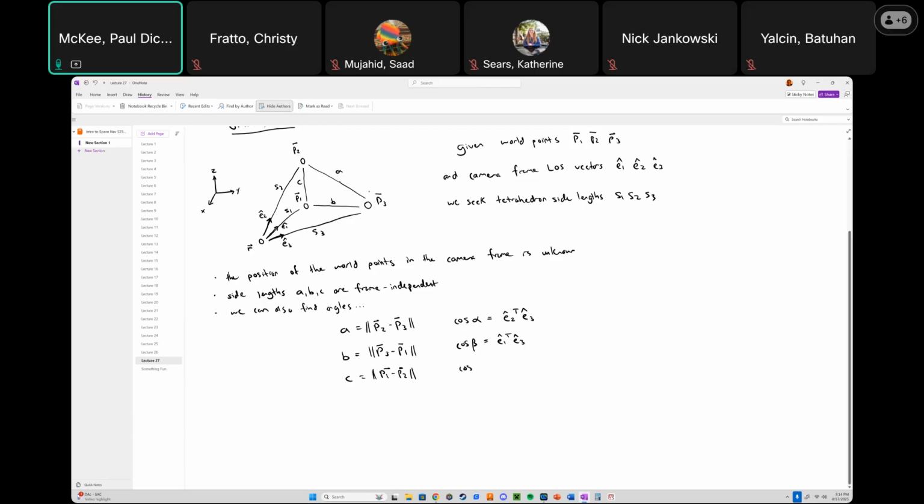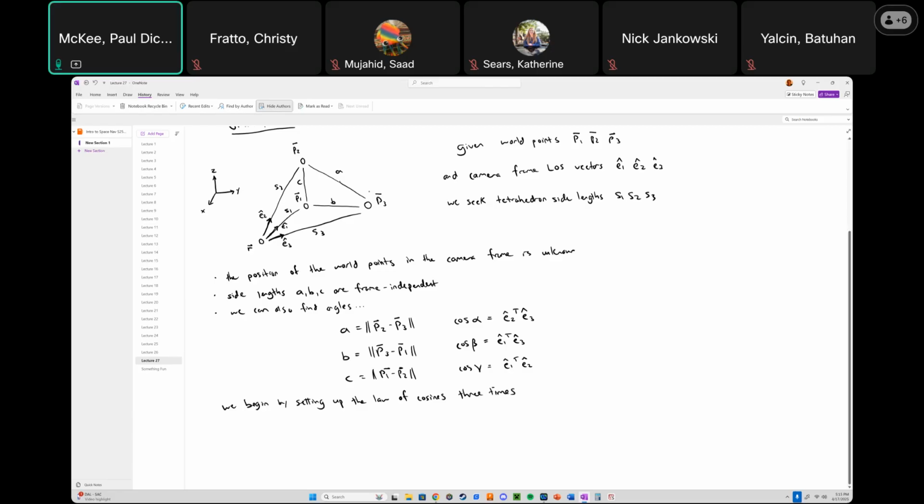And then cosine of gamma is E1 transpose E2. Okay, so those are angles that we can get from things that we know, and these are distances that we can get from things that we know. So no shockers here. So we begin by setting up the law of cosines 3 times.